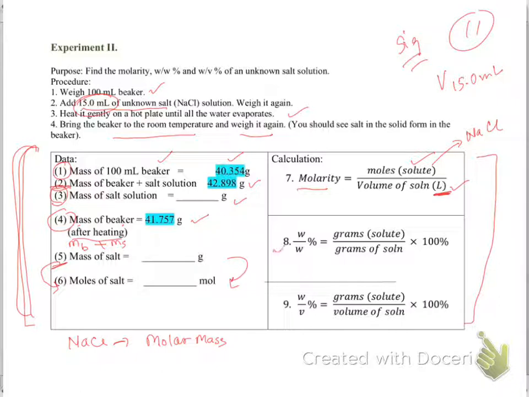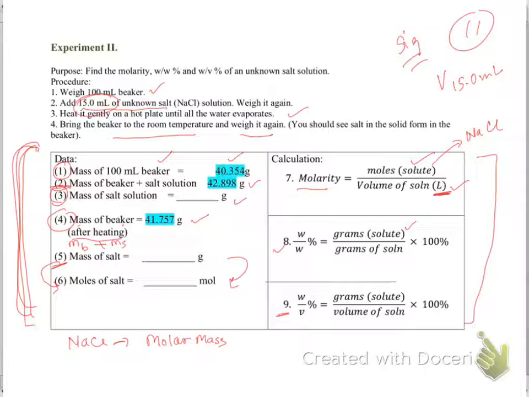Number 8, you're calculating weight by weight percent, which is grams of solute. Do we know the grams of solute? Grams of solute is the same as mass of solute. Mass of solute is the same as mass of salt, divided by the grams of solution, meaning the mass of the solution. Look here, is there any place where you can find the mass of the solution?